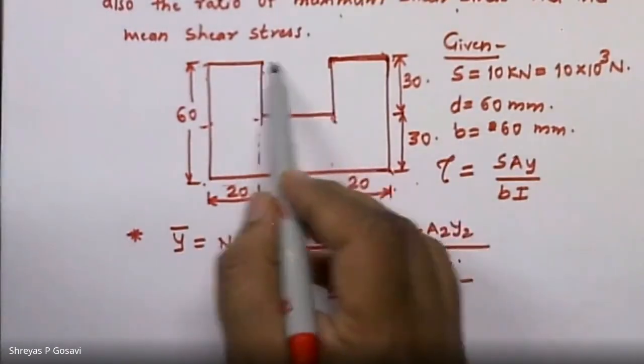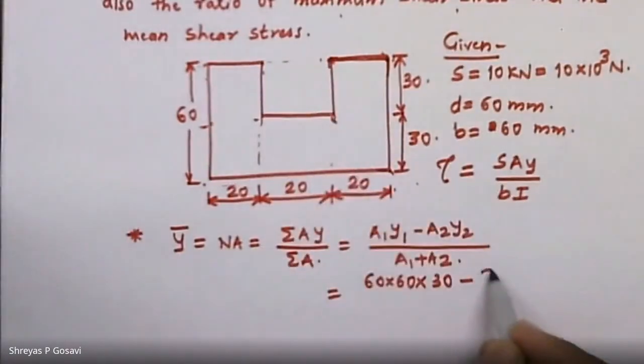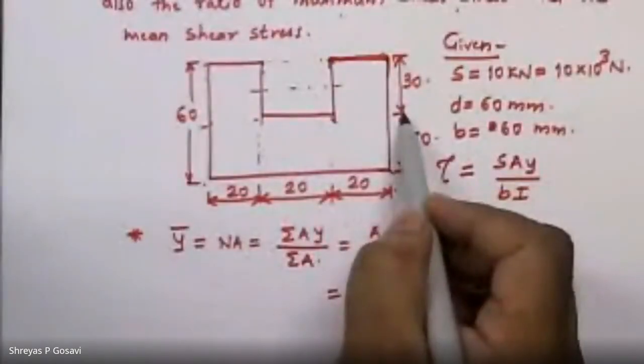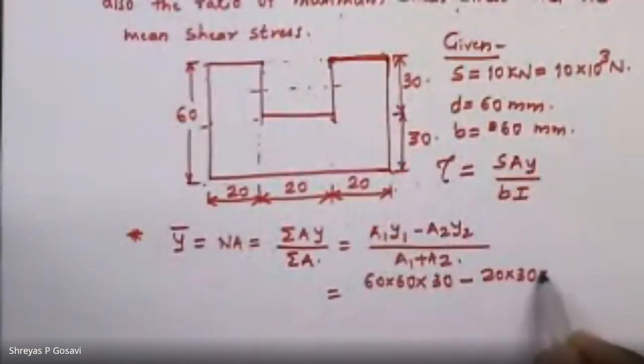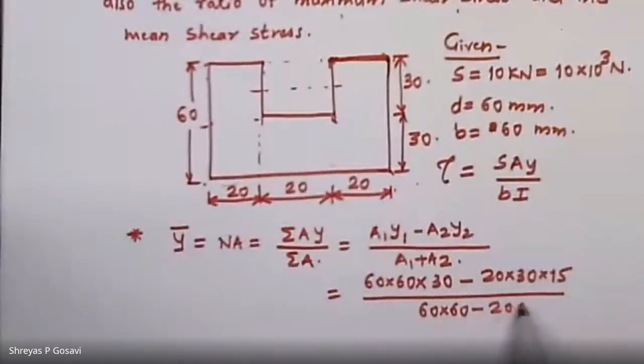Its dimensions are 20 by 30, so 20 multiplied by 30, and its centroidal axis will be half of its depth, that is 30 by 2 is 15, divided by 60 into 60 minus 20 into 30. Hence the value of the neutral axis comes to be 27 millimeters.